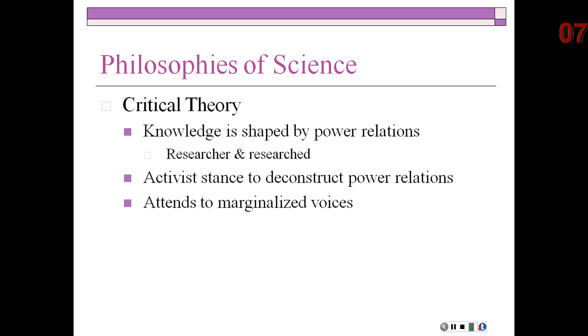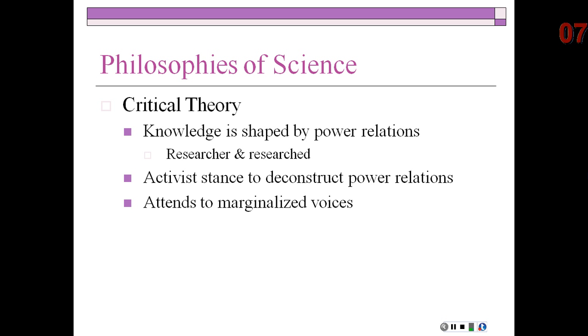So if you're working particularly with marginalized populations, for example, women who have been victims of domestic violence, that population is necessarily less powerful in some respect because of the situation she is in, right? So that power relation is what really shapes the research and shapes the philosophy of science.